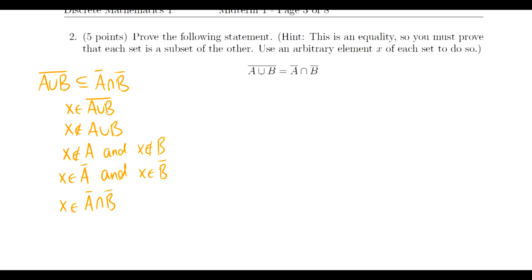The second way, we have to show that the complement of A intersection the complement of B is a subset of the complement of A union B.